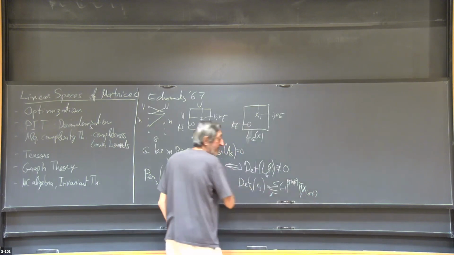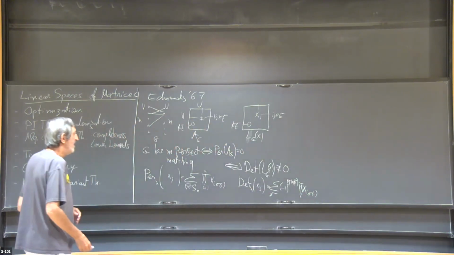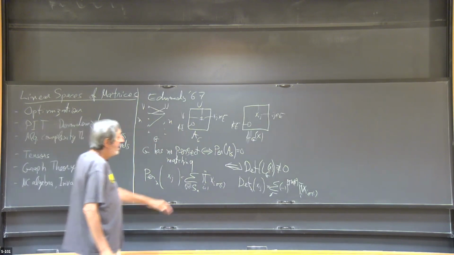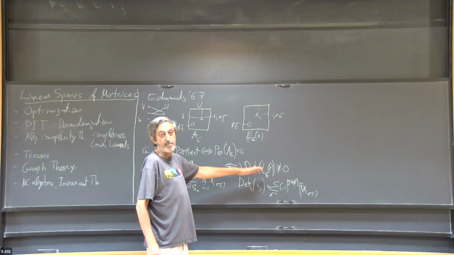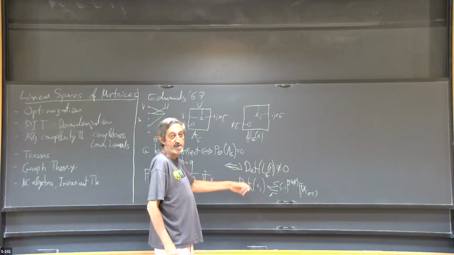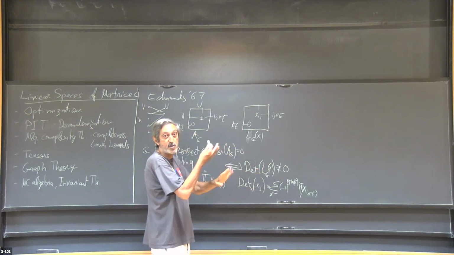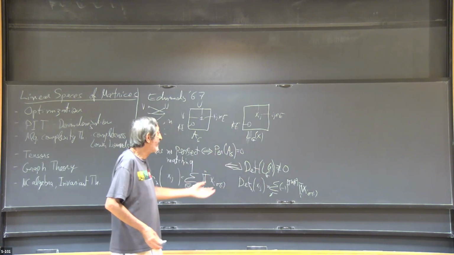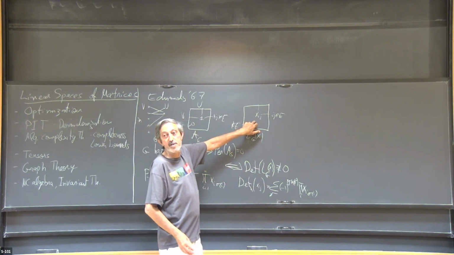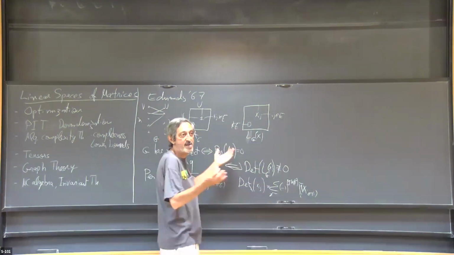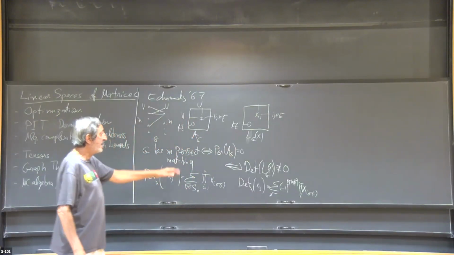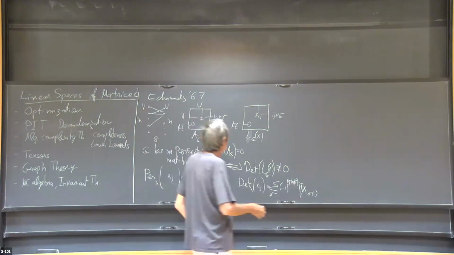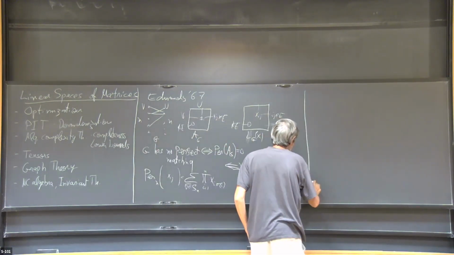So the only difference between permanent and determinant is the sign. Because of this sign, you might think that there will be cancellations. The polynomial can be zero despite the fact that there is a perfect matching, maybe two perfect matchings will cancel each other. But of course, this cannot happen because all the variables are distinct. Every monomial contains a different set of variables. So that's easy.